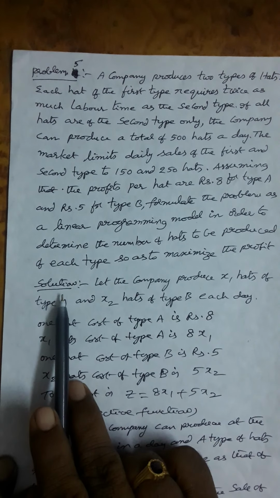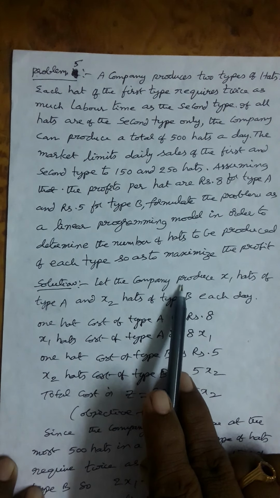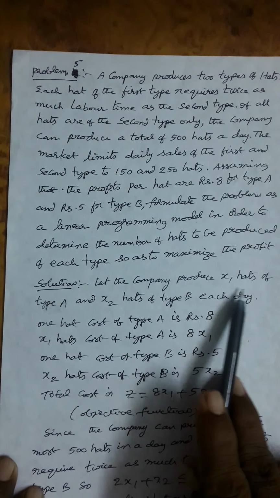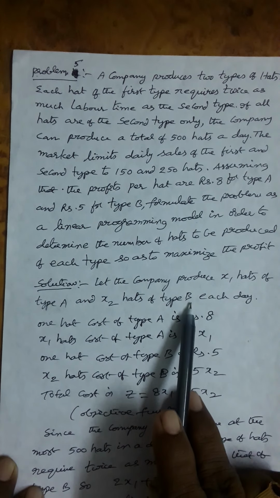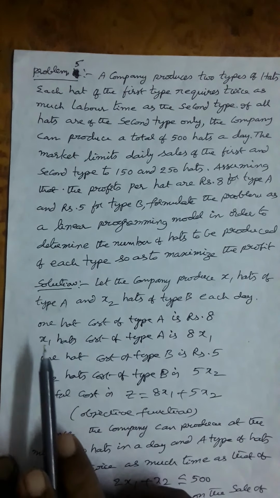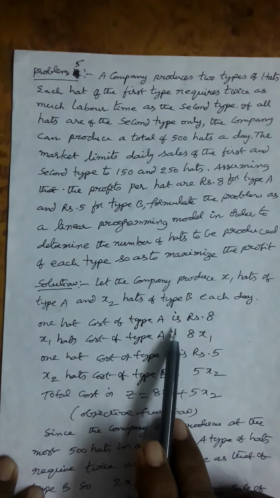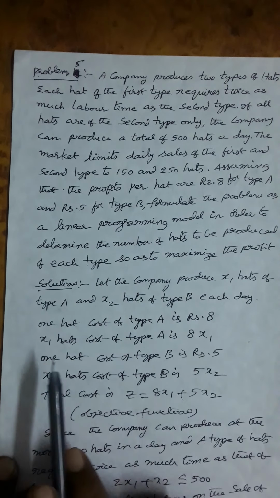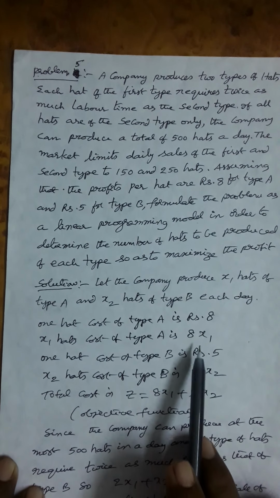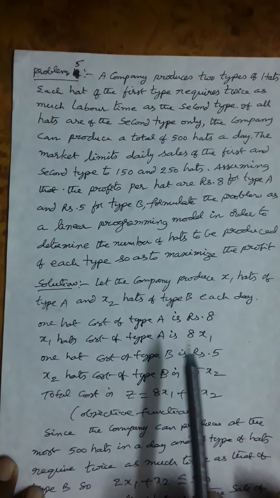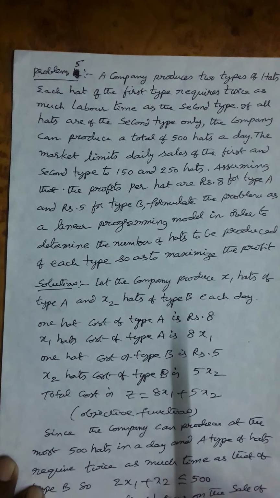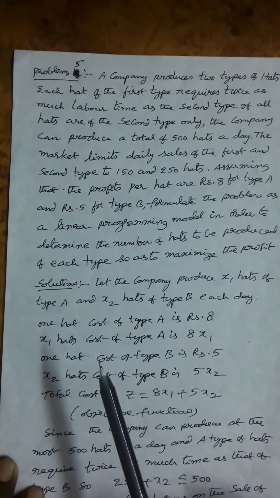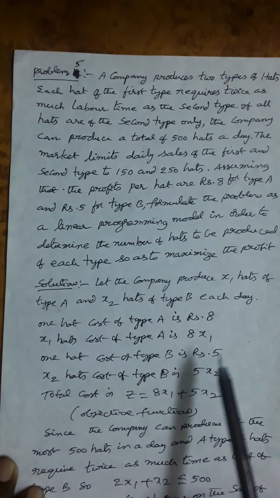So solution. Let the company produce x1 hats of type A and x2 hats of type B each day. The profit of 1 hat of type A is rupees 8. So x1 hats give 8x1. x1 into 8, 8x1.